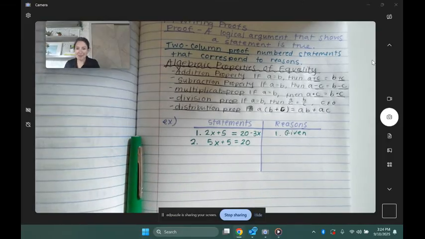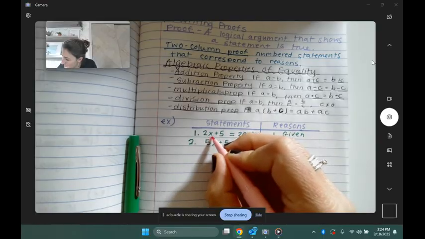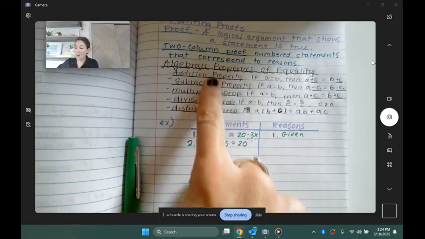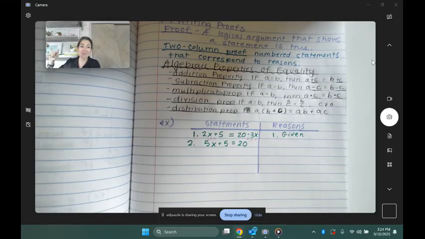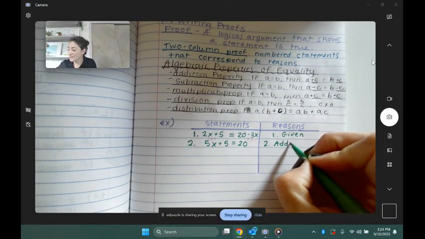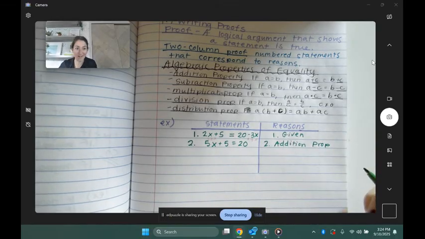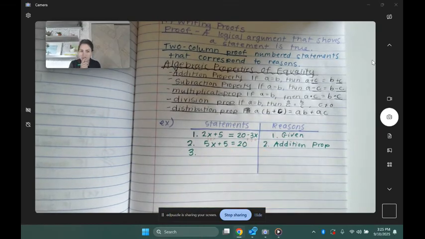Did we see that? Plus 3x, plus 3x. So what property did I use? If I added the same thing to both sides, I used the addition property of equality.